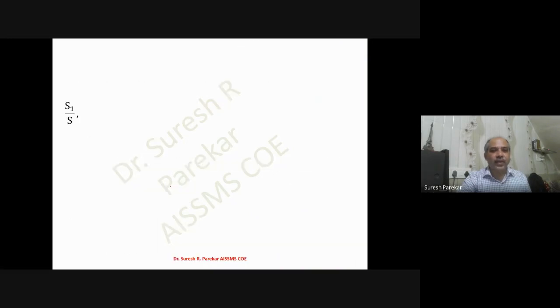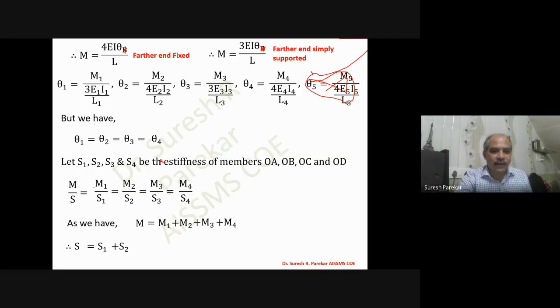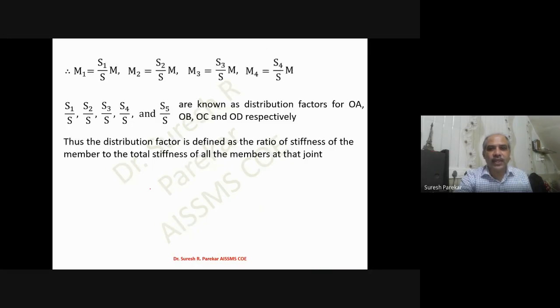Now we have S1 by S, S2 by S, S3 by S, and S4 by S. If we look at the last equation, M1 is S1 upon S into M. So M1 is equal to M by S into S1, M2 is equal to M by S into S2, and likewise we get the others.